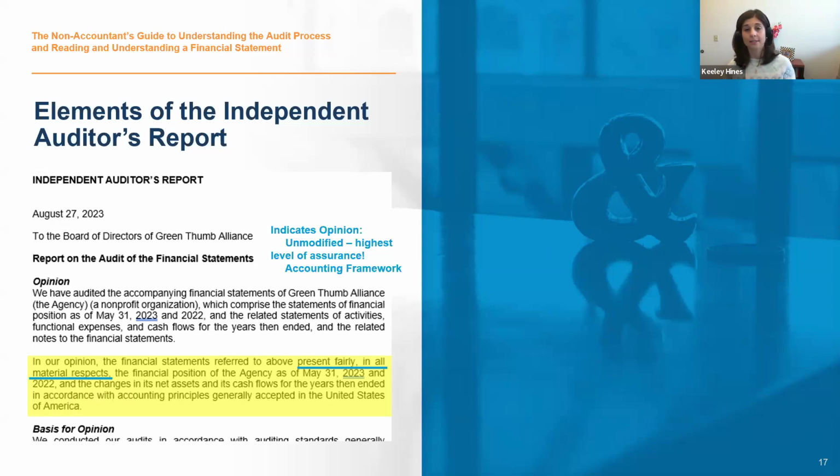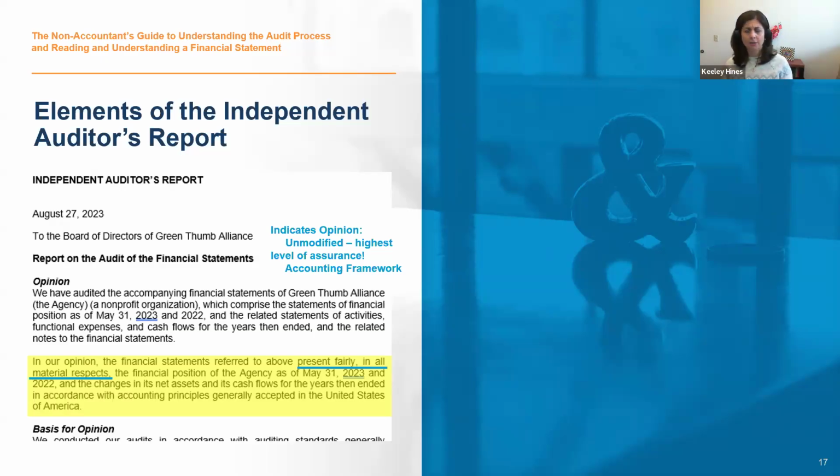So that represents an unmodified opinion, because what that means, right, is that we're saying, yep, this is fair, this is good, you did present in accordance with the accounting principles, and we're not modifying our position on that set of financial statements.